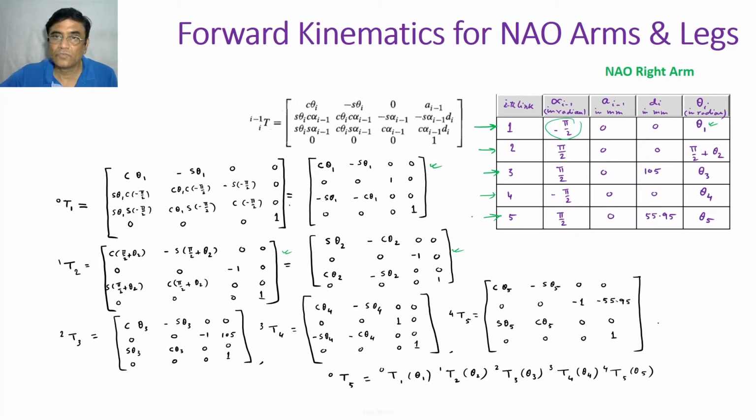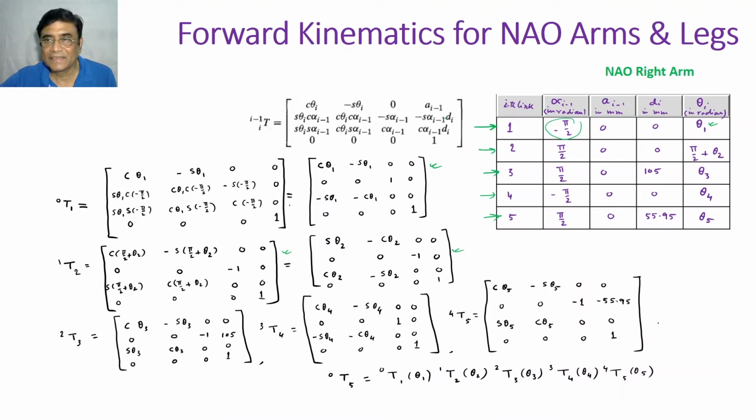So this is the DH table. You just simply put this and you get 5 with respect to 4. Clear? 5 with respect to 4. Minus is because of this.